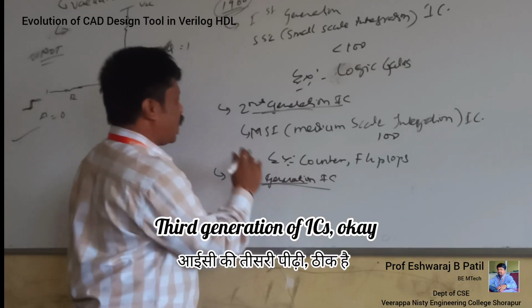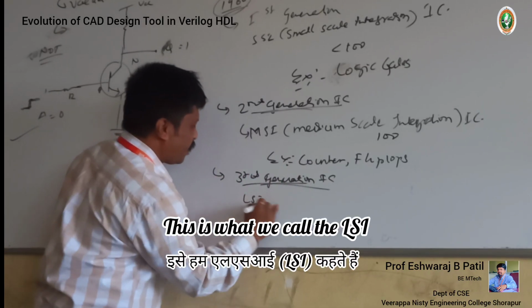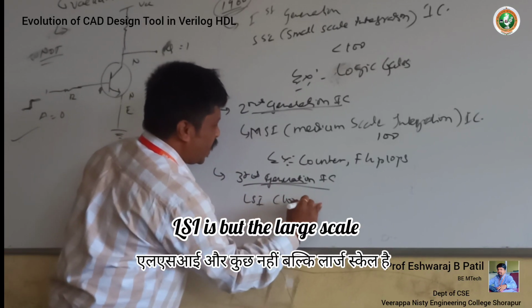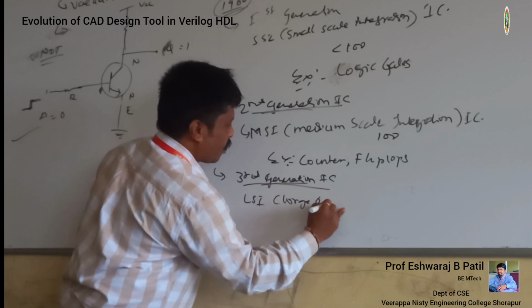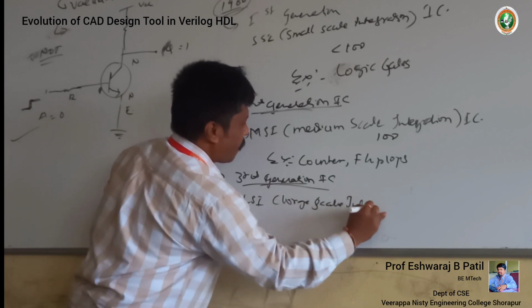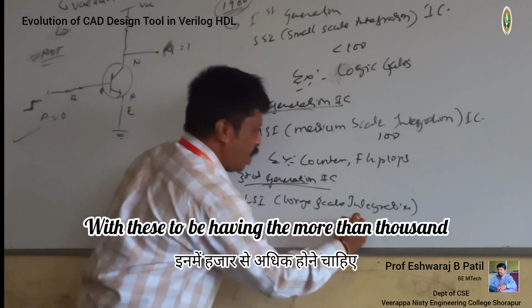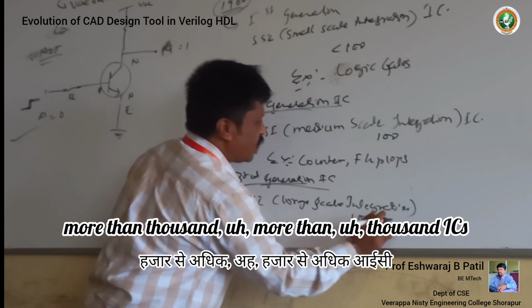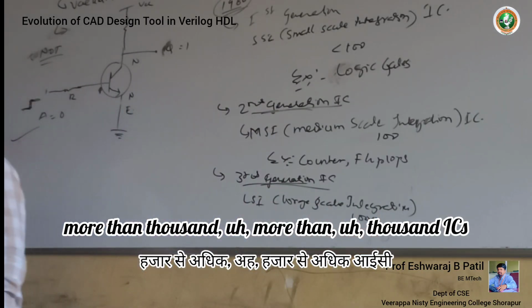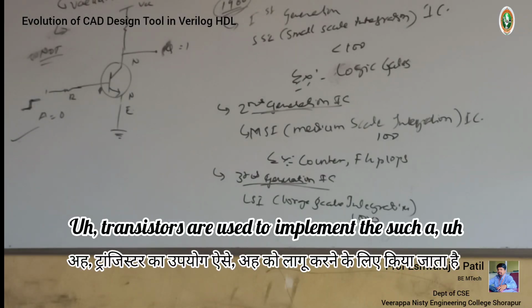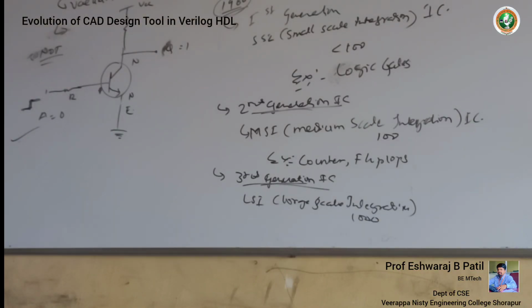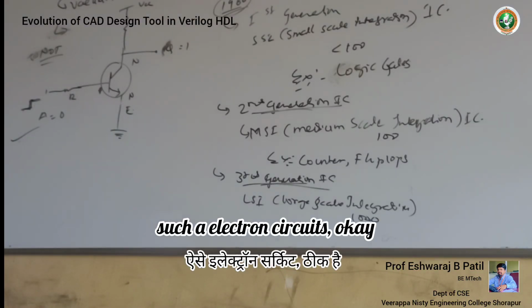Next is the third generation of ICs. This is what we call LSI, large scale integration circuits. These use more than 1000 transistors to implement such electronic circuits.